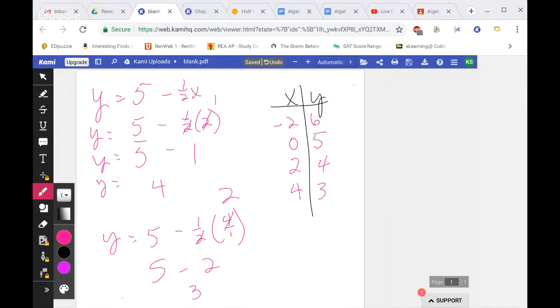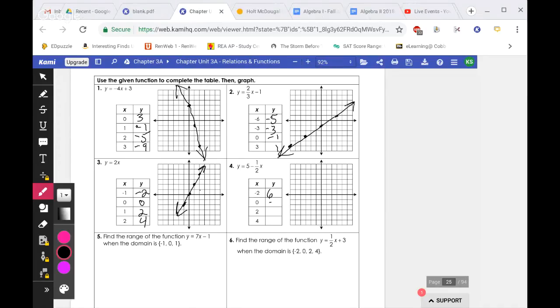So I have the coordinates negative 2, 6, 0, 5, 2, 4, 4, 3. So I'll go left 2 and down 6. 1, 2, 3, 4, 5, 6. 0, 5. So I'll be at the origin for the x-axis, and I'll drop down to 5.